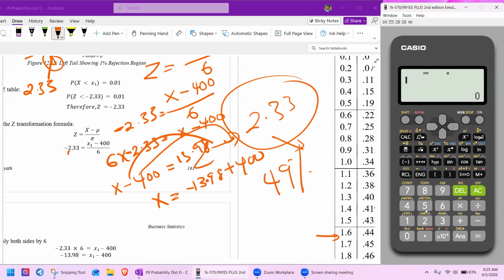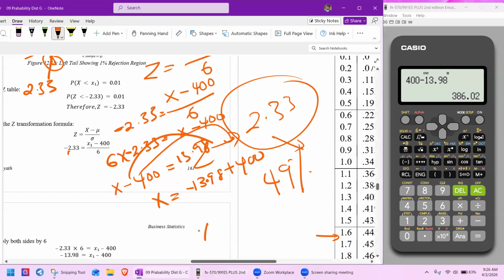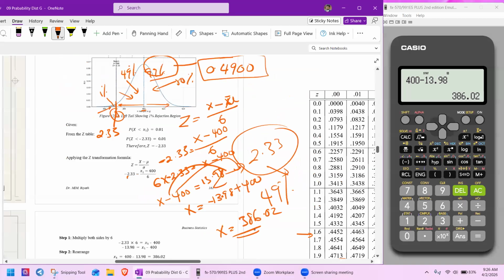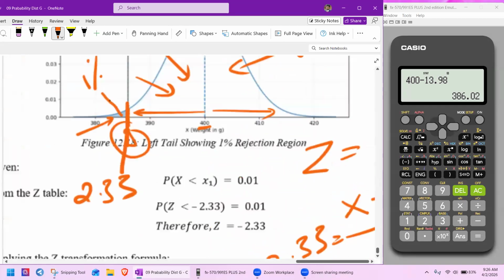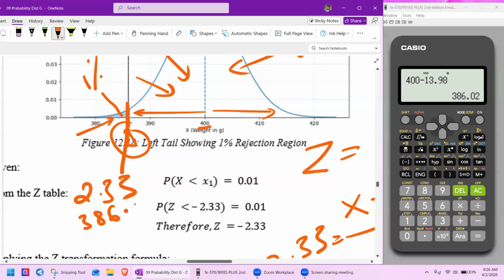Now 400 minus 13.98 equals, now we can find X equals 386.02. So any packet that falls below 386.02 grams will be rejected.